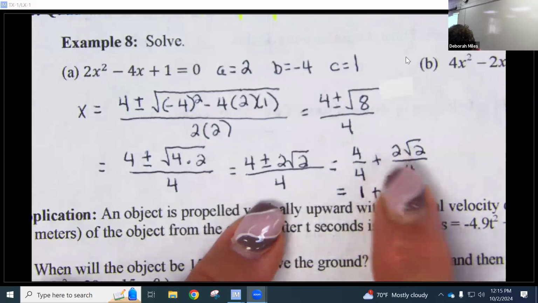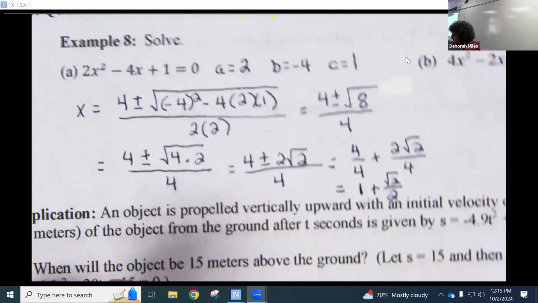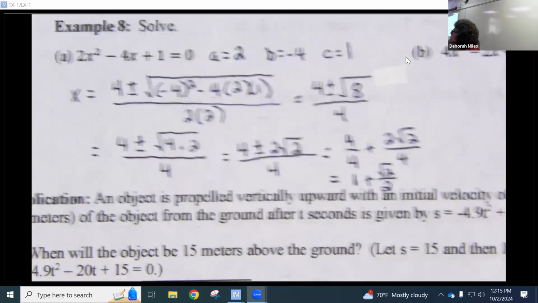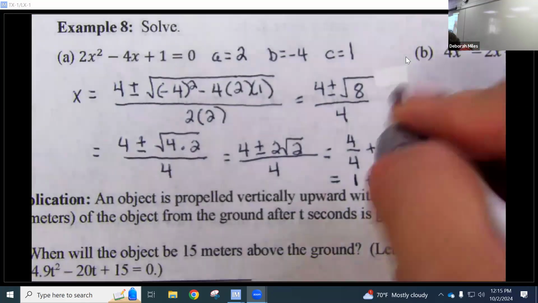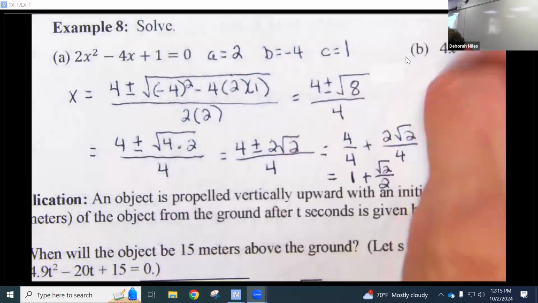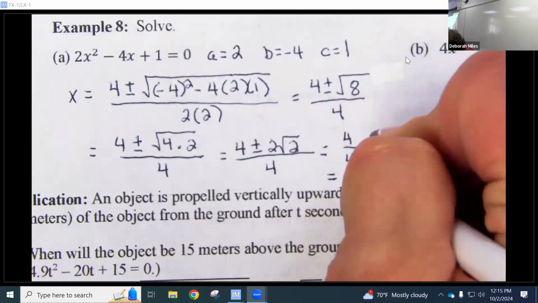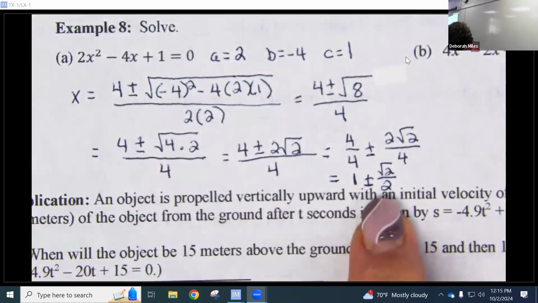You say 2 goes into that 4 2 times. I lost my minus where I'm saying plus or minus. I needed to keep that plus or minus.